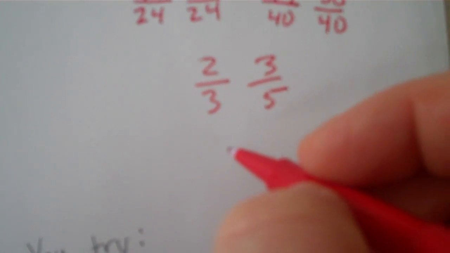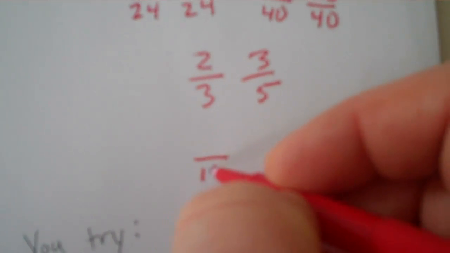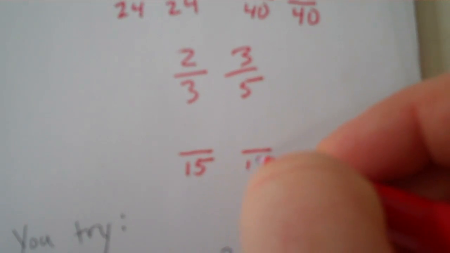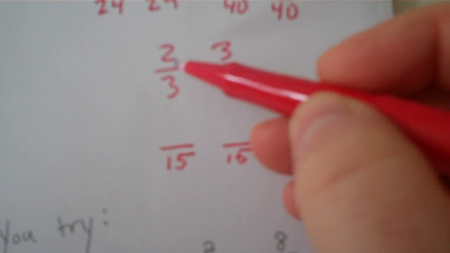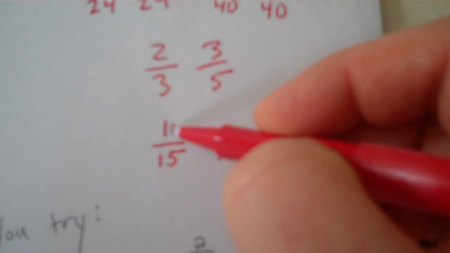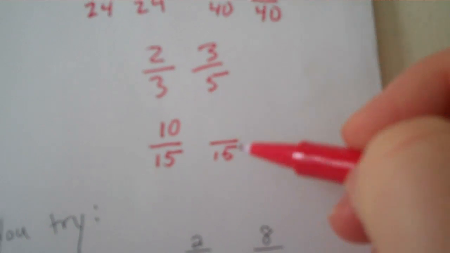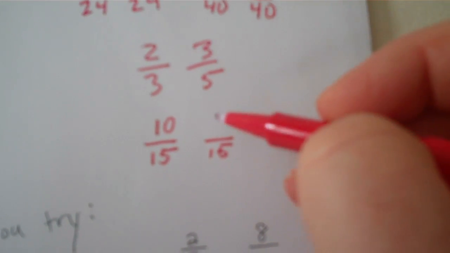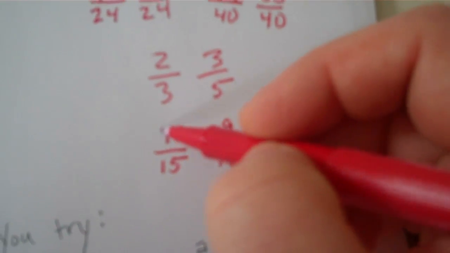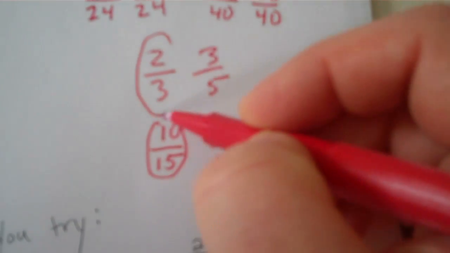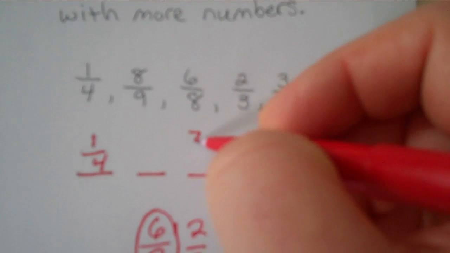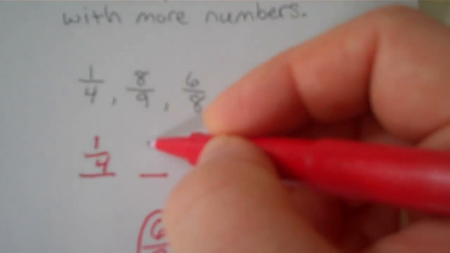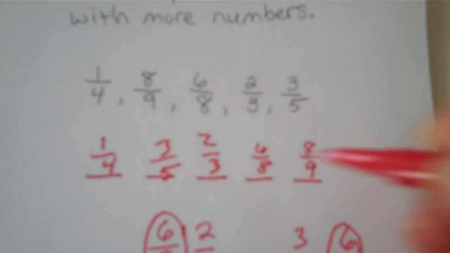First, I'll find a common denominator, and that's going to be 15. 3 times 5 is 15. 2 times 5 is 10. 5 times 3 is 15. 3 times 3 is 9. This is bigger. So 2/3 is bigger than 3/5. I go back up here and I can put 2/3 in the bigger spot and 3/5 in the smaller spot.